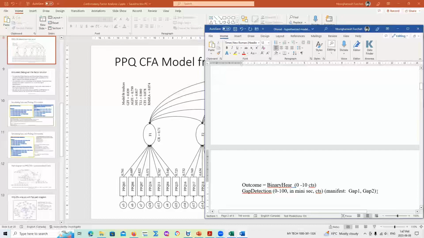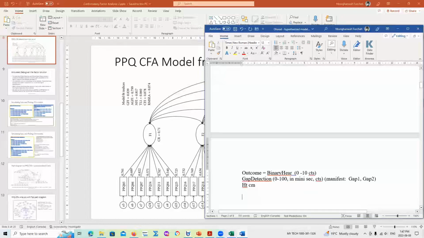If you take other variables, maybe the height of the person, where the person is standing, height in centimeters may matter. So maybe that's another variable. You add those variables, and these are all now your predictors. If I have gap one and gap two as manifest variables, then in my model, my outcome is binary here.